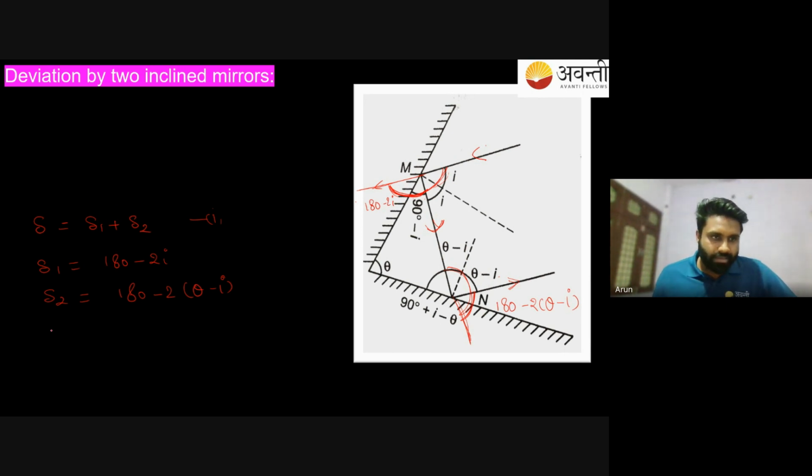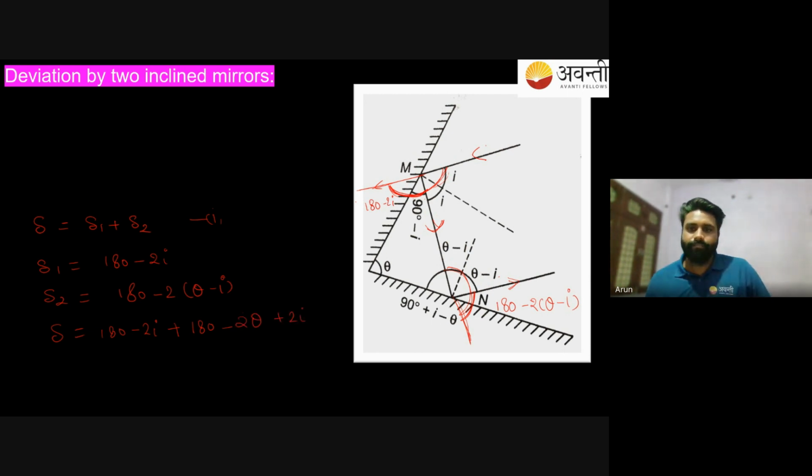Got it? Now, what is delta? Put these values in equation 1. We have 180 minus 2i plus 180 minus 2 times theta plus 2 times I. So here 2i and 2i will cancel out each other.